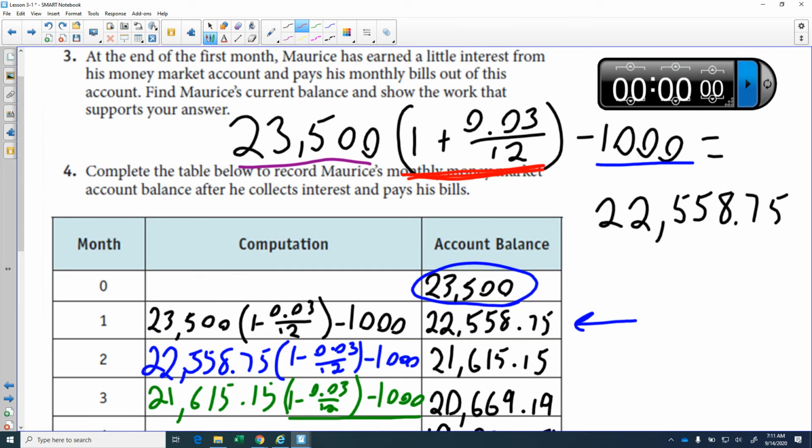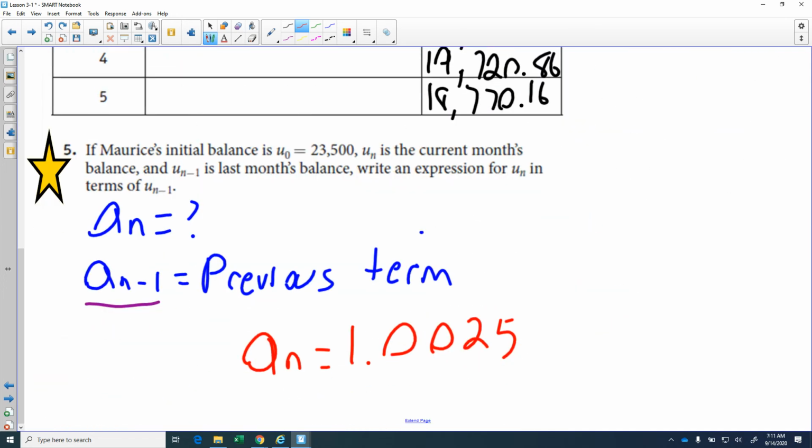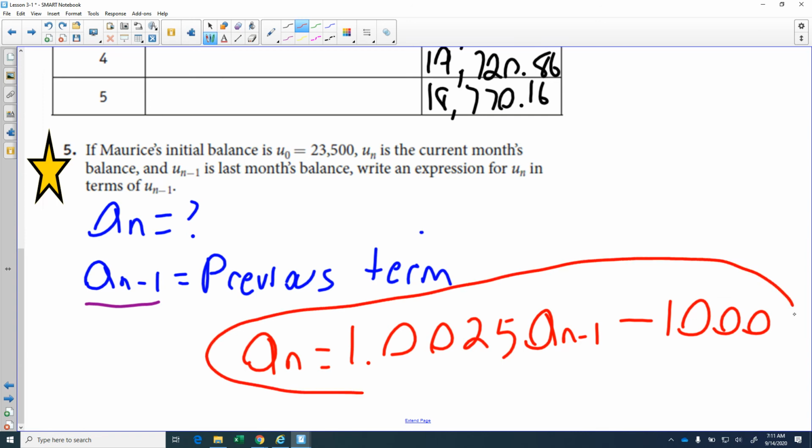If I plug just that parenthesis in the calculator, it would give me that value. I'm going to multiply that by A of N minus 1, so the previous term. And then at the very end, I'm just going to subtract 100. And what I have here is a recursive statement that can help me solve any of these values.